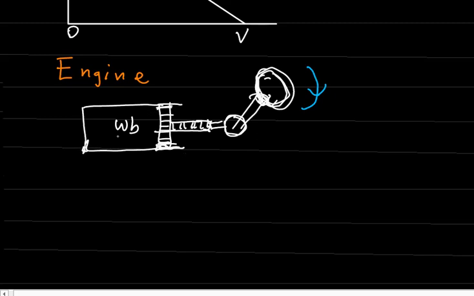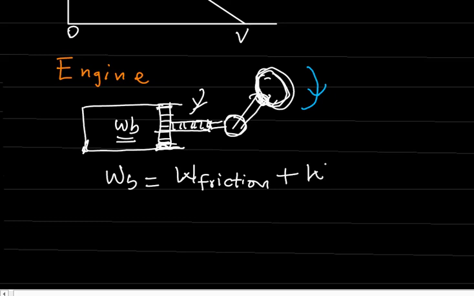So the total boundary work is going to be the work against frictional force. Now, as the piston moves, it compresses air and expands air. So there's always atmospheric pressure that it has to overcome for it to move. So that is work that is done on atmospheric pressure, that is W_ATM.